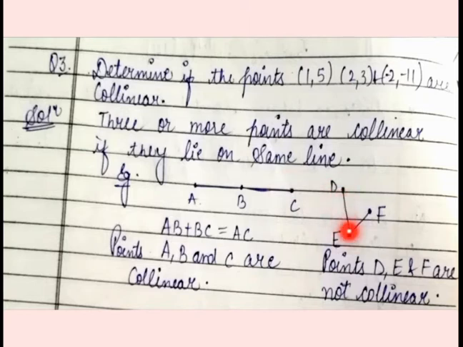Whereas D, E and F are not on a single line. These are on 2 different lines, so these are not collinear points. And also remember that in collinear points, AB plus BC is equal to AC.